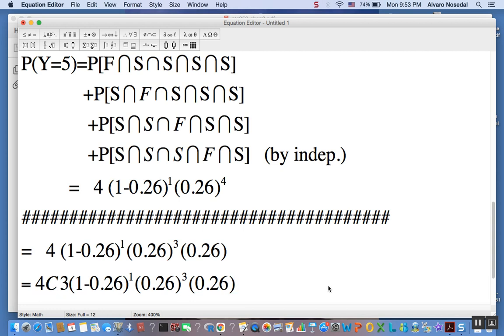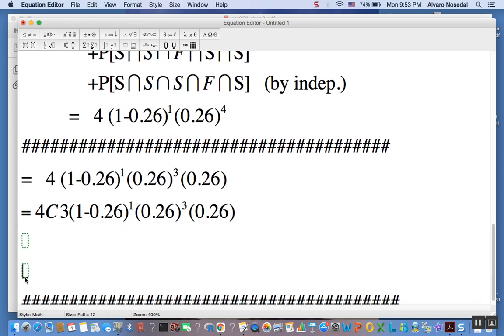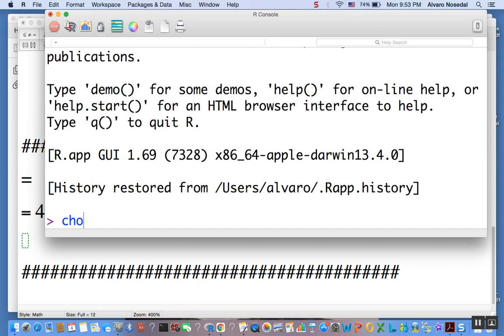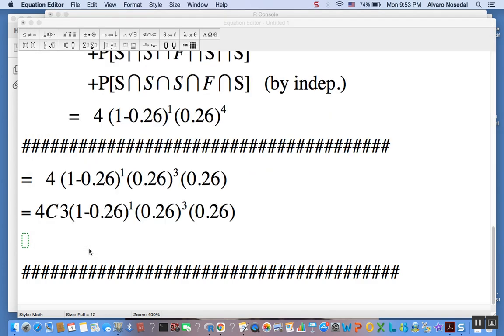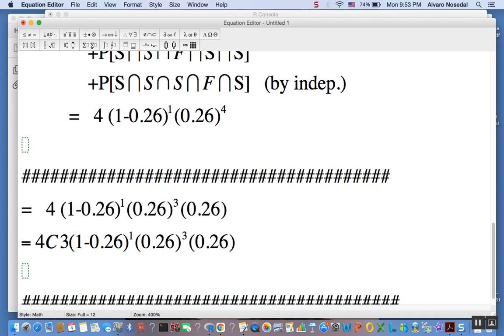So that 4 that we have here could be re-expressed as 4 choose 3. We can check. Yeah, that's 4. 4 choose 3, as it should be. So let's rewrite that 4 as a 4 choose 3.